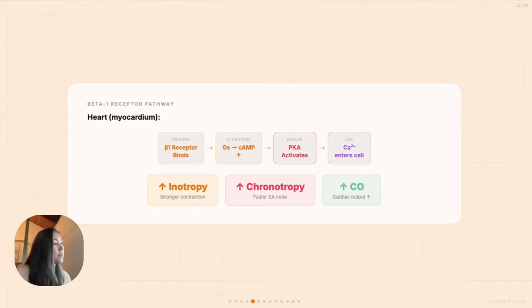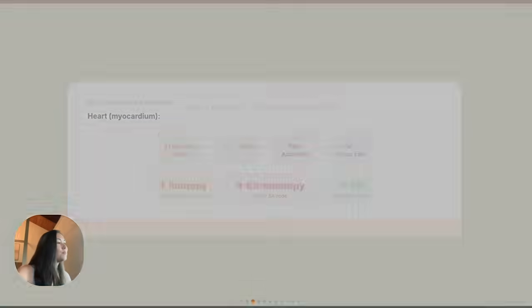So more calcium enters, the heart contracts harder, and that is positive inotropy. The SA node fires faster, and that's positive chronotropy. Cardiac output goes up. Beta-1 also lives in the kidneys. That's where it triggers renin release, which starts the angiotensin cascade, which eventually raises aldosterone and retains sodium and water. It's a little bonus piece that interviewers will love if you can draw it in as well.